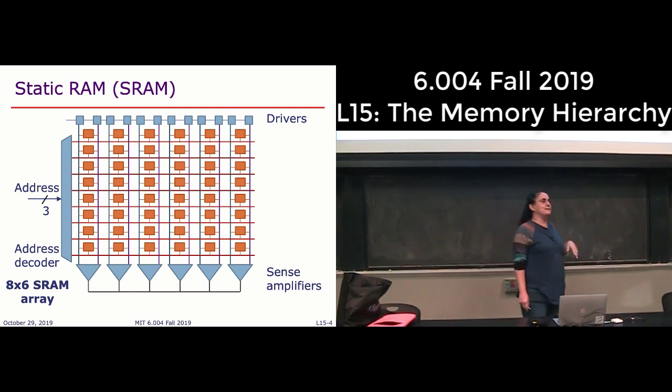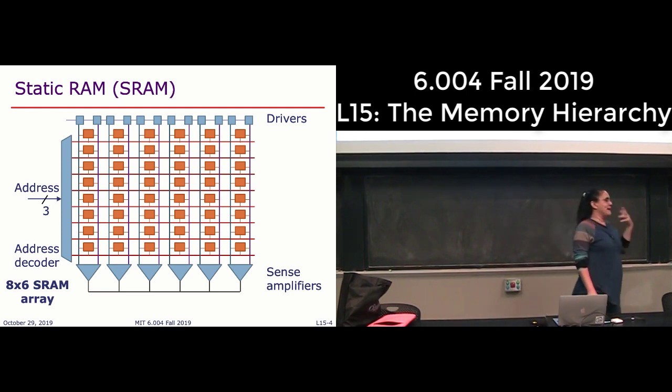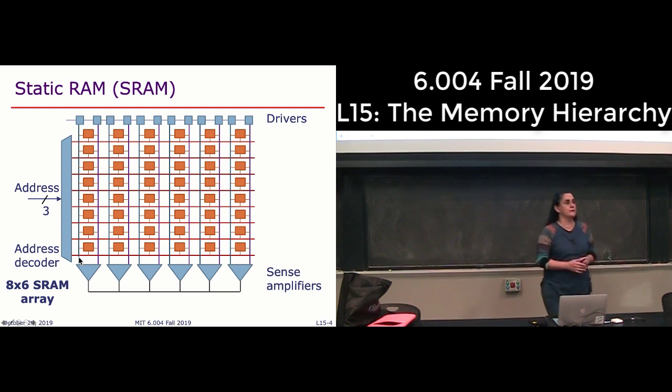Basically, it has 3 bits of input, but 8 lines coming out. Whichever row I select, for example if the address is 001, it's going to make this row have a value of 1, whereas all the other ones are going to have a value of 0. We're going to see how that gets used in just a minute.